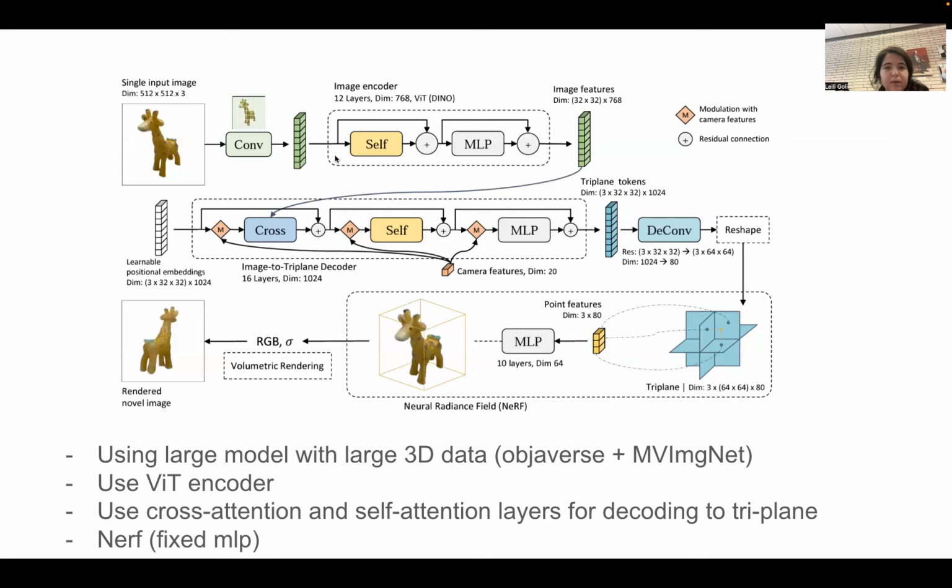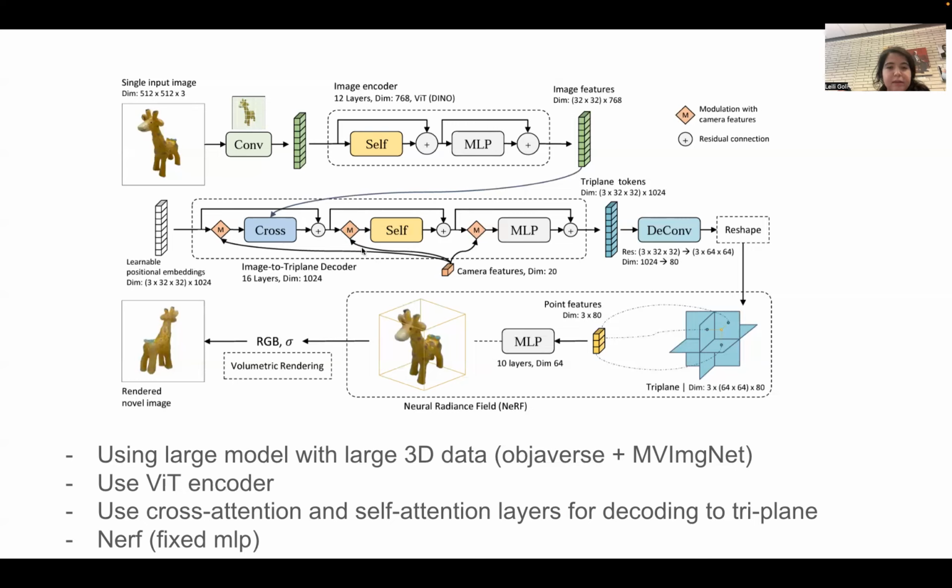This part is a DINO encoder that uses self-attention and some MLP layers to get all the available information about texture and geometry from the image. Then they have a learnable feature in the second part, and they use cross attention between this learnable feature and the extracted features to find the important parts of the features.